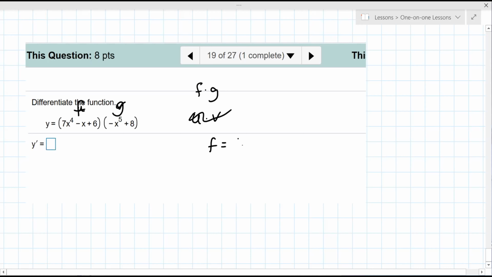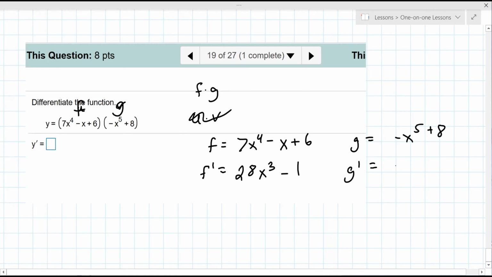So F is 7x to the 4th minus x plus 6. What is F prime? That would be 28x to the 3rd minus 1. Yes. And then G is minus x to the 5th plus 8. So G prime is minus 5x to the 4th. So the formula for the derivative of this, and I like it in words, is the first times the derivative of the second plus the second times the derivative of the first.